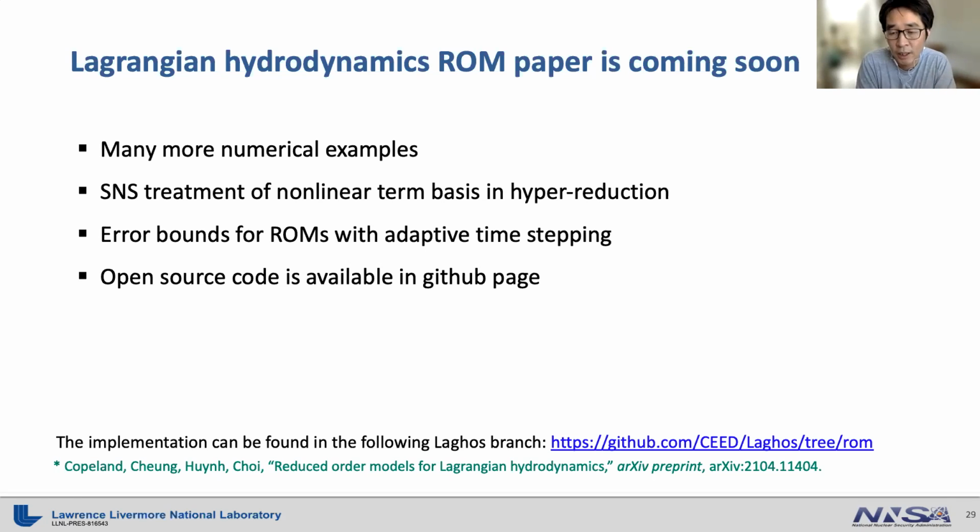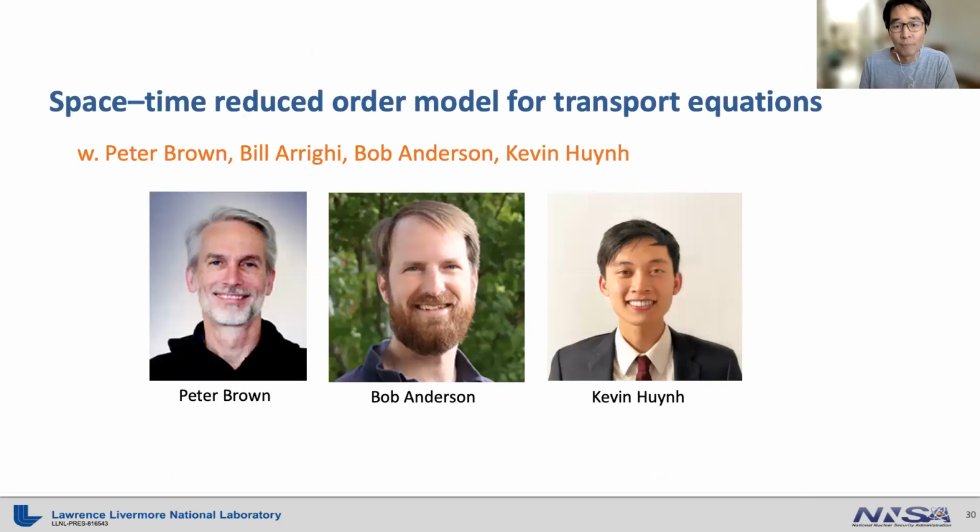That was kind of tricky to analyze, but you can find the details, so please check out this preprint. And also the code implementation is available on GitHub, so you can check out the code from the repo.